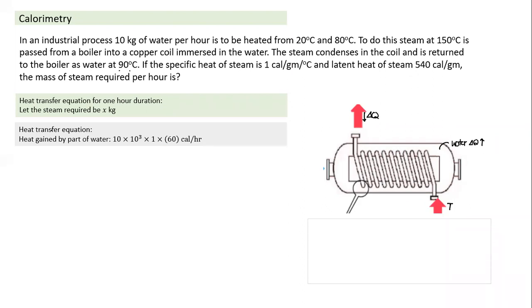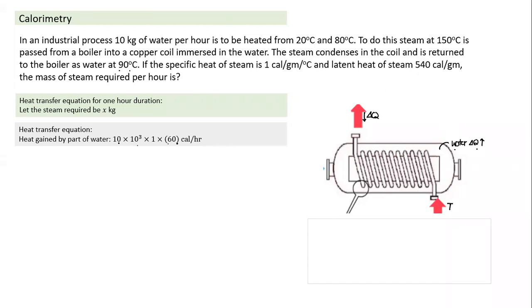So what has happened here? Heat gained by the water. Basically, water has gained heat energy. There is enough information to easily calculate the amount of heat energy water has gained. Water goes from 20 degrees to 80 degrees: m c delta T. Since I am using specific heat capacity in terms of calorie per gram per degree centigrade, because we are more comfortable with 1 calorie per gram per degree centigrade, I'll convert the mass also into grams.